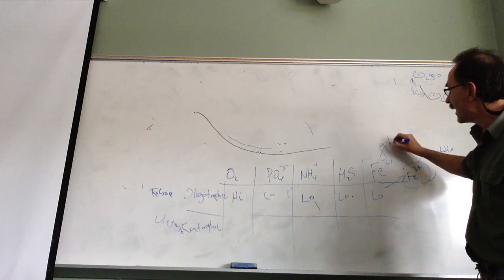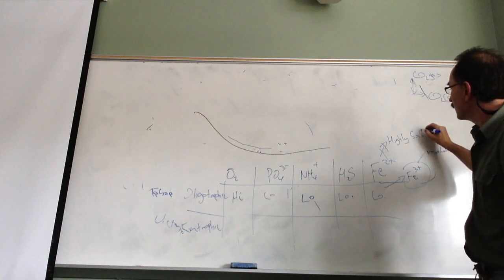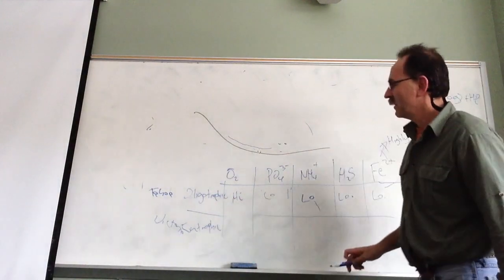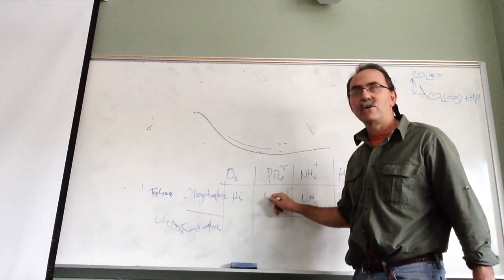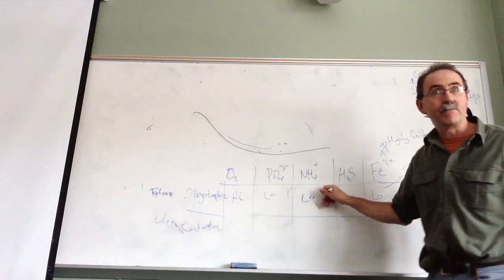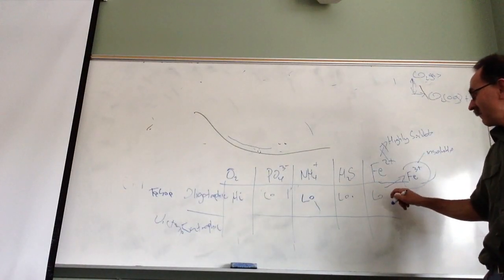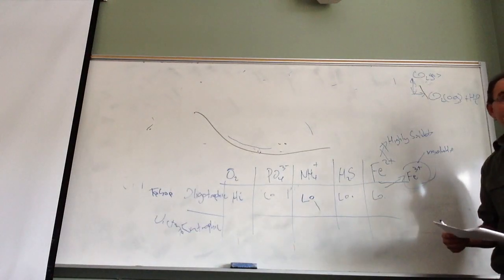Fe2+ is highly soluble. So in an oligotrophic lake, you're going to have high DO, low to no phosphates, low to no ammonium, low to no hydrogen sulfide, and low to no iron in the Fe2+ state.